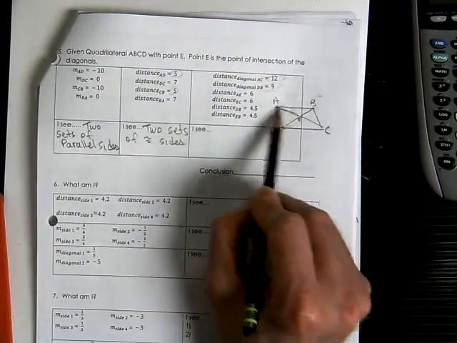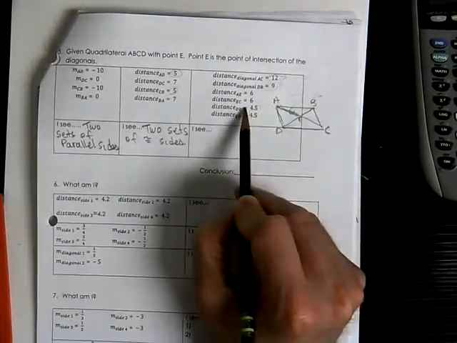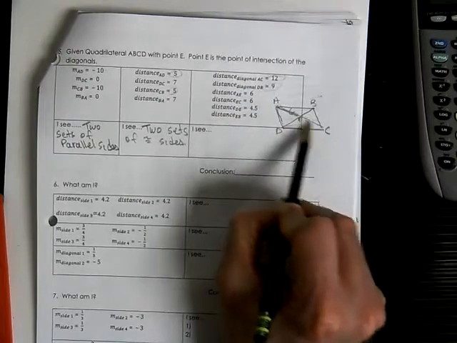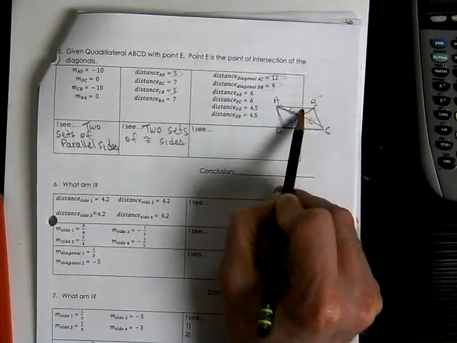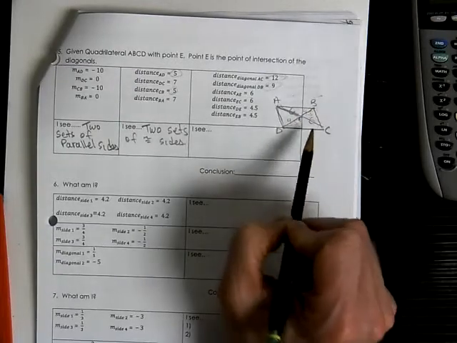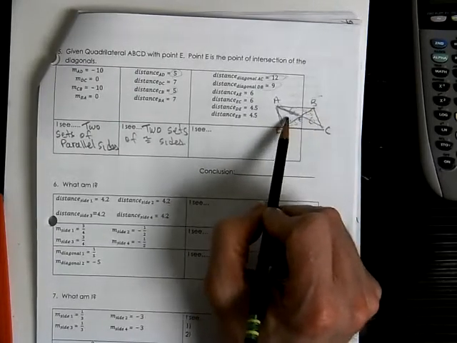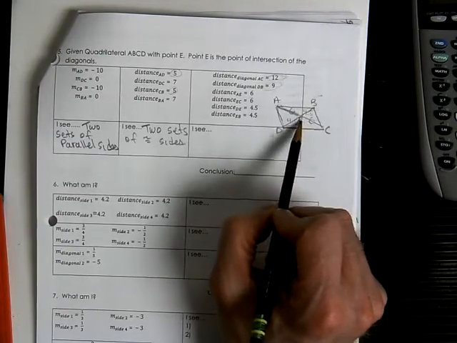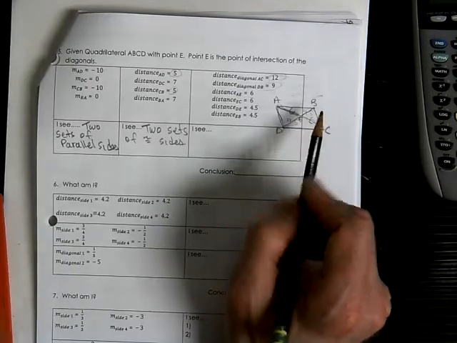So AE is 6, and EC is 6, and 4.5 and 4.5. So the diagonals are supposed to bisect each other, which is true about a parallelogram. They're not the same length.